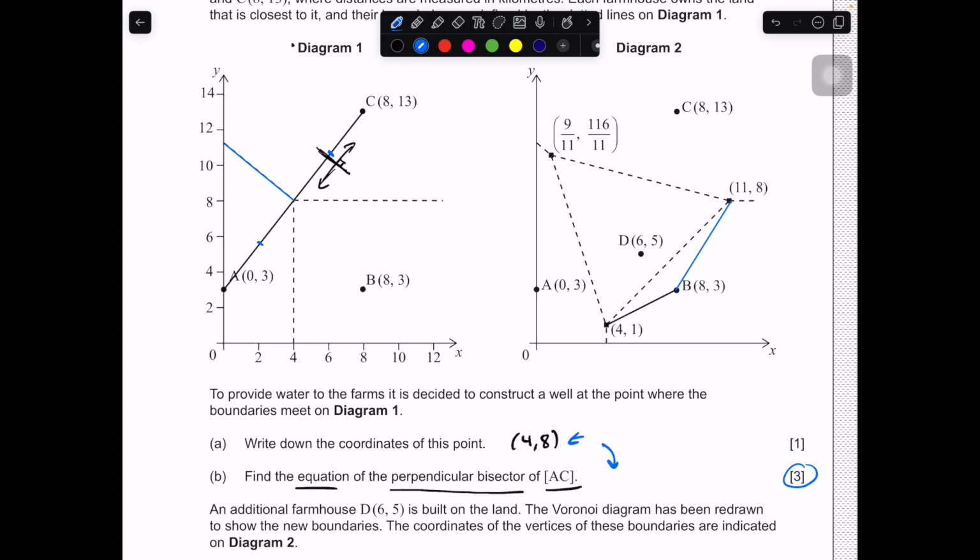But the question is, let me actually use some different colors. So if we're looking at this pink line or this red line, the question is which one is the greatest distance?